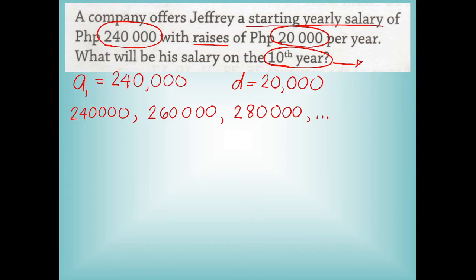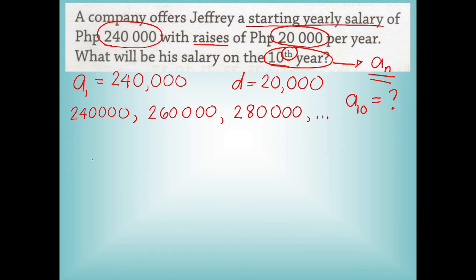If you are simply looking for which year, the position, like 10th, 12th, 13th, 14th, those with TH, obviously that pertains to A sub n. That's one clue that you need to always remember. So we will be looking for A sub 10 in this case because it's the 10th year.